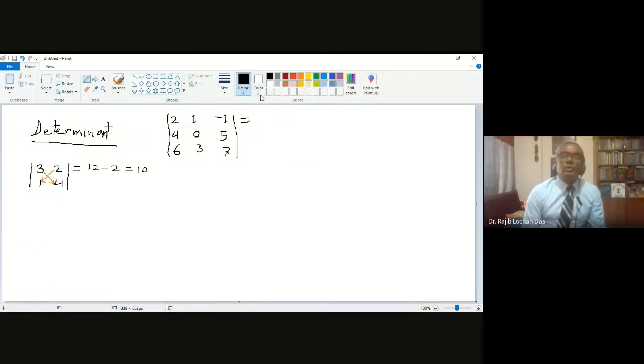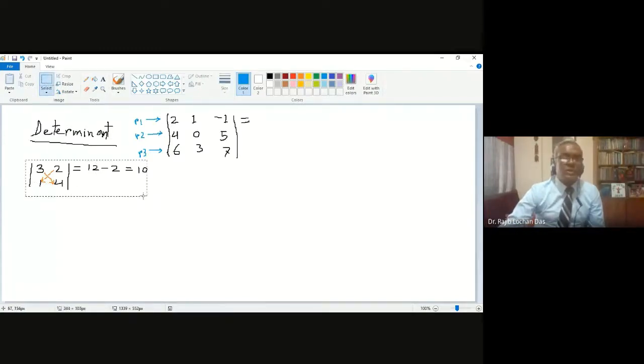If you think about rows, then this one is row number 1. This is row number 2. It is row number 3. All are the rows. And if you think about columns, then the upper ones are the columns, top to bottom.